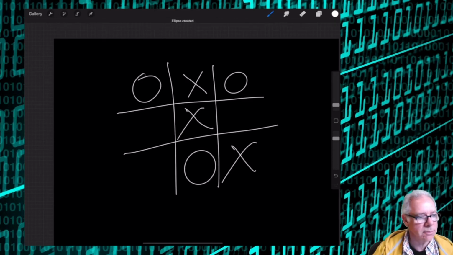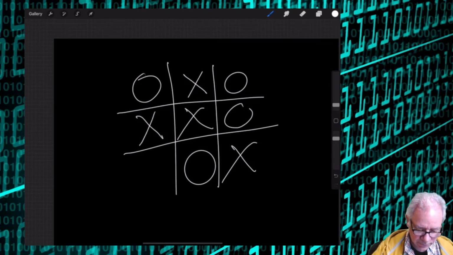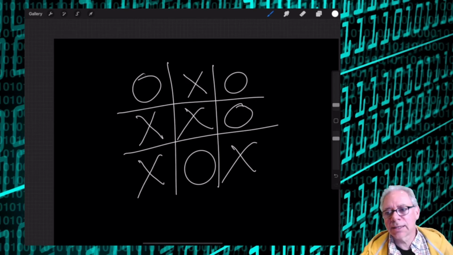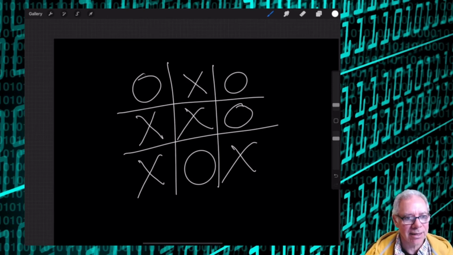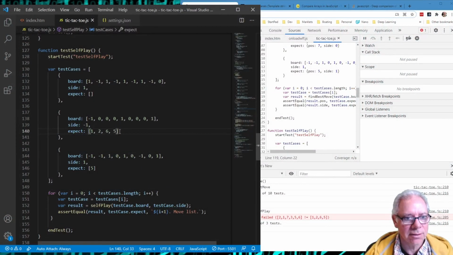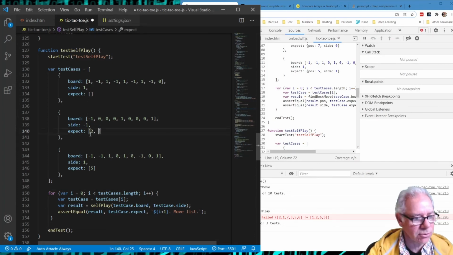This looks good. Then X is going to move 3. Yes. Then O is going to move 5. And X is going to move 6. And nobody's going to win. And that's the correct sequence, I think. So I think our test was just incorrect. I had it coded wrong. So let's fix the test. That looks like a perfectly reasonable sequence. We expect it to be 2, 1, 7, 3, 5, 6.